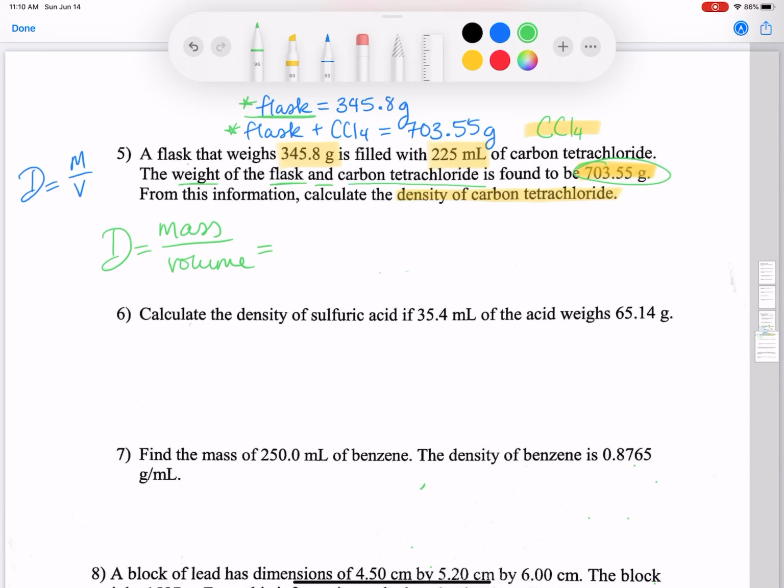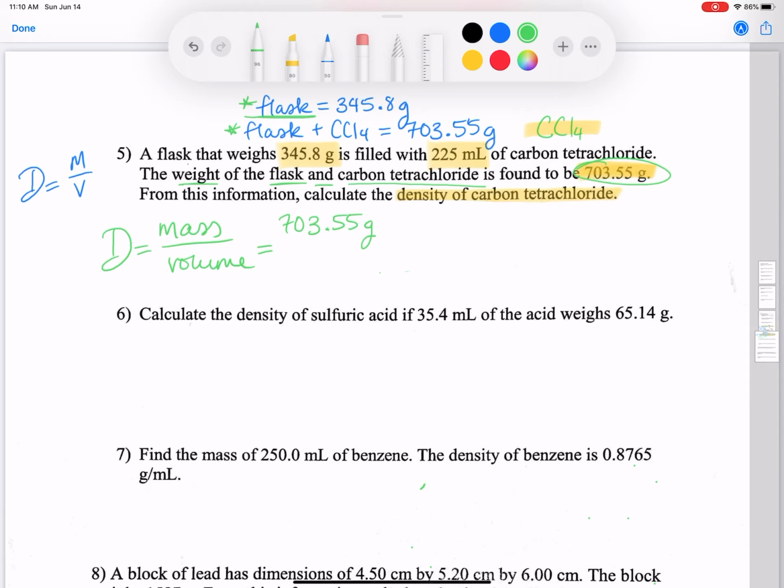The question specifically wants you to use the information and calculate the density of carbon tetrachloride alone. So you're still calculating density, so that means that it's still going to be mass divided by volume. Your volume is just the 225 milliliters. That's the only data you have for volume, but your mass is where you're going to have to do a little bit of subtraction. So the total mass of the flask with the carbon tetrachloride is 703.55 grams.